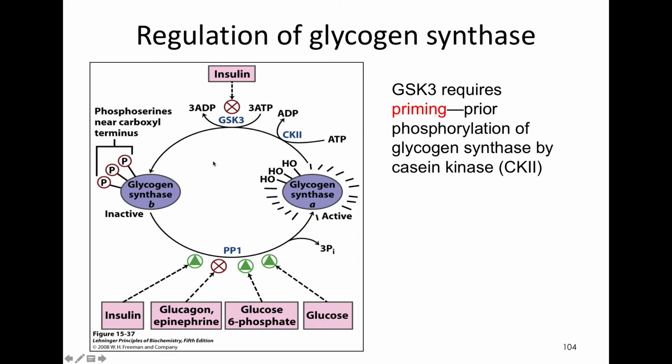GSK3 will put the phosphate group on glycogen synthase to make this enzyme inactive. The signal from insulin will inhibit the action of this enzyme, and that makes sense because when you have insulin, it means you have a lot of glucose, and so you want to continue to make glycogen. You want to pull the glucose out of the bloodstream.